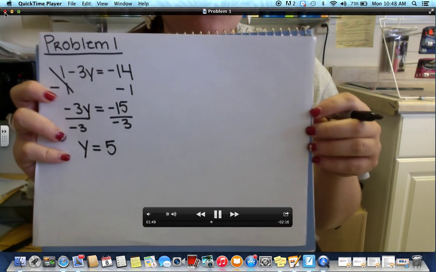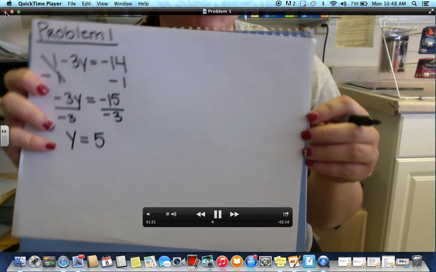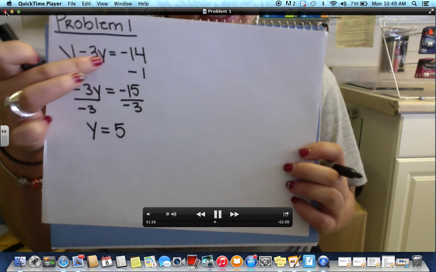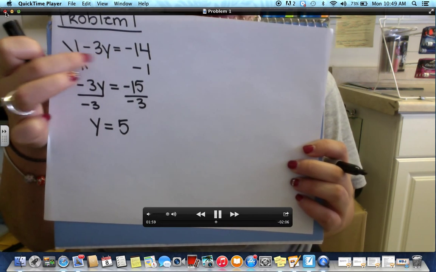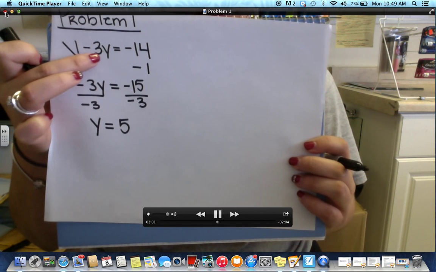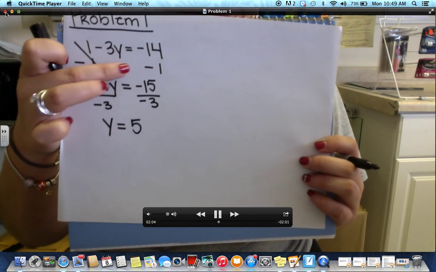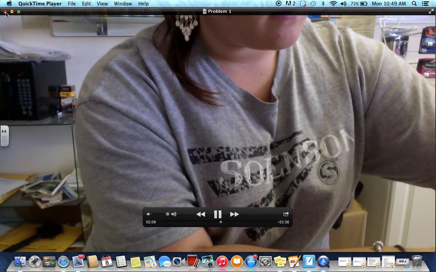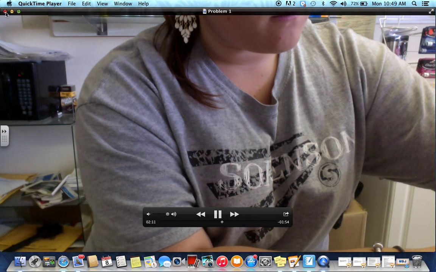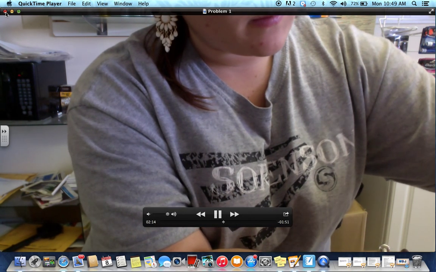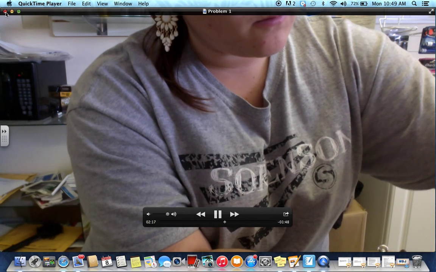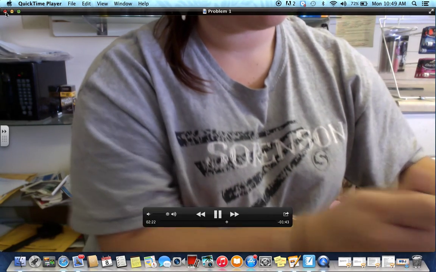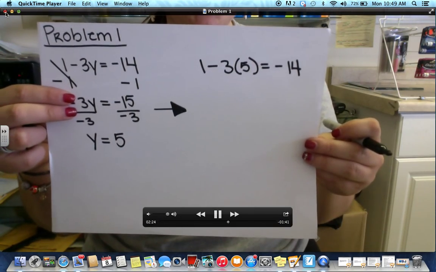But now, if you want to make sure that it's the correct answer, what I would do is take the y and put it in here. So therefore, it would be 1 minus 3 parentheses 5 equals -14. So that's what it'll look like.